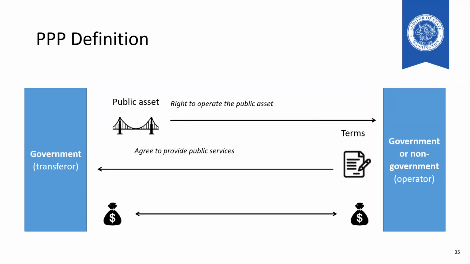You can think of the transferor like the lessor. They own the public asset, and they're letting the operator use it for a fee. You can think of the operator like a lessee. They are paying to use the government's public asset. The main difference between this and a lease is that the operator also must now provide a public service.